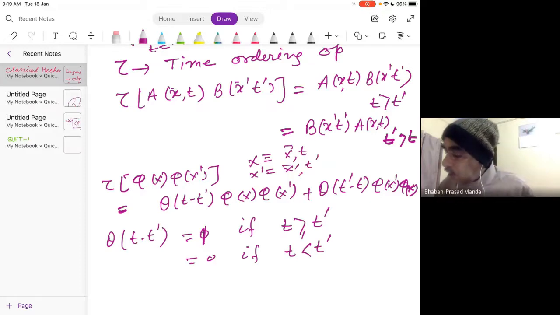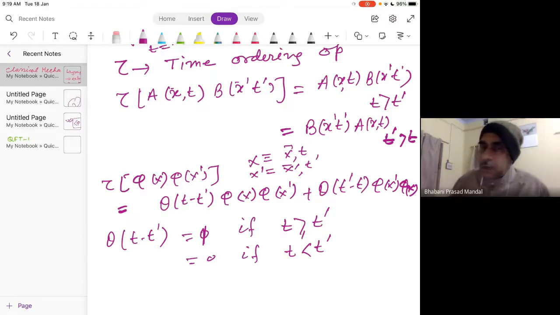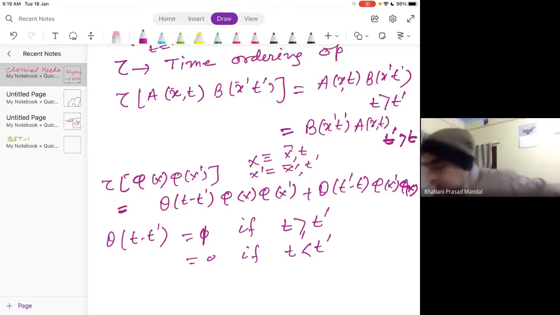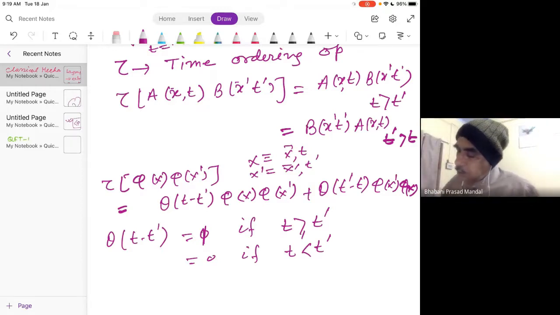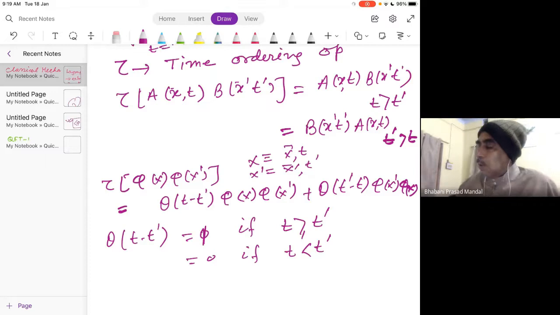So this term has a t, this has a t'. Now for t greater than t', this will survive. So I have broken the time ordering into two. The time-ordering operator can be written in terms of the theta function. You are familiar with the theta function: it is 1 when t is greater than or equal to t', and otherwise it is 0.